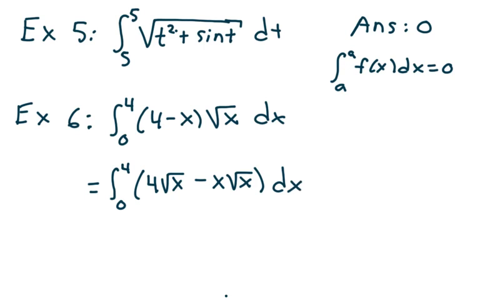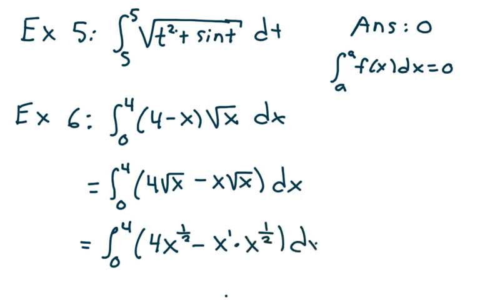And so this is the integral from 0 to 4. And so I'll write this as 4x to the 1/2 minus x to the first times x to the 1/2 dx.